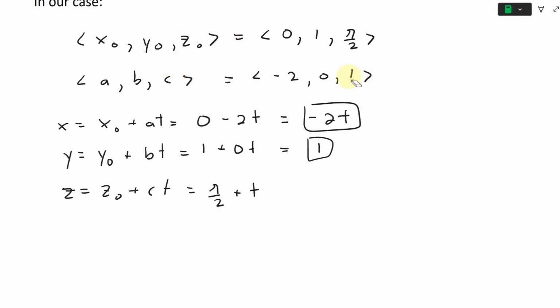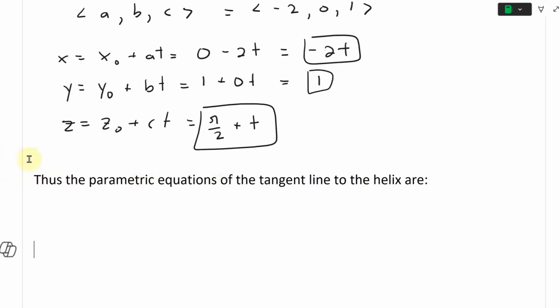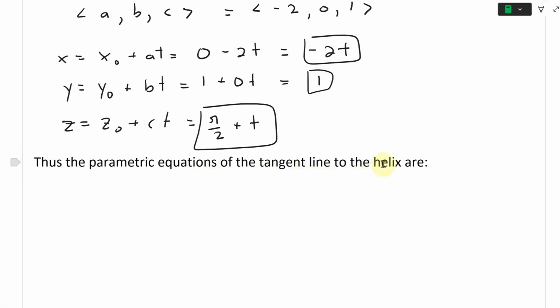So that is what we have here. And for completeness, I'll write down a summary right here. Thus the parametric equations of the tangent line to the helix are x equals negative 2t, y equals 1, and z equals pi over 2 plus t. So that's what we have.